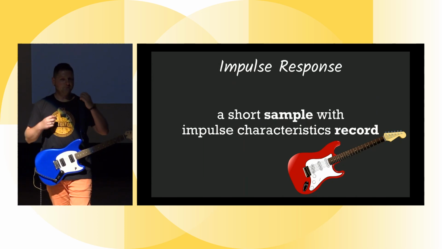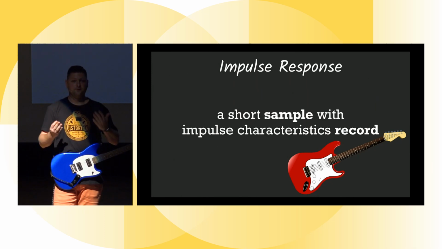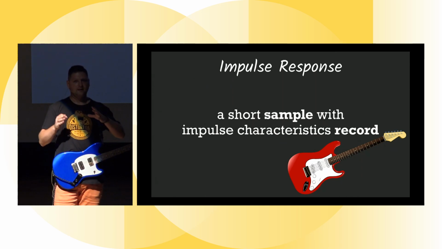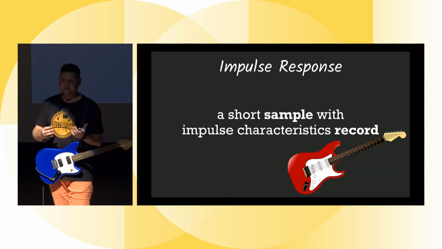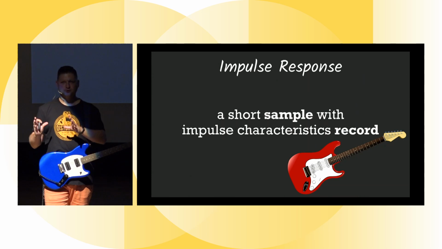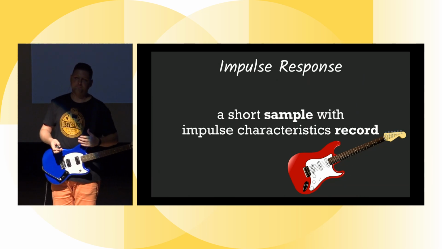You can think about it like a photo. A photo is a snapshot of light at some point in time. Impulse response is the same, but applied to sound. So it's a snapshot of some sound in some space at some point in time.